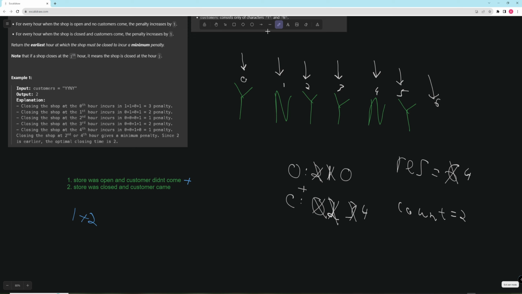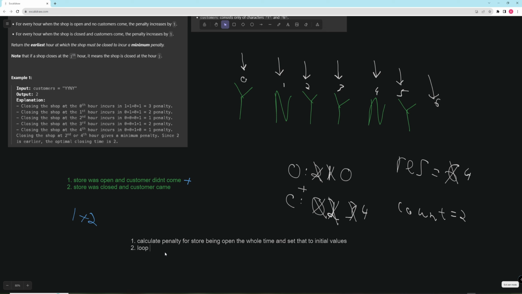And so let's write down the explanation for this. Number 1, calculate penalty for store being open the whole time and set that to initial values.